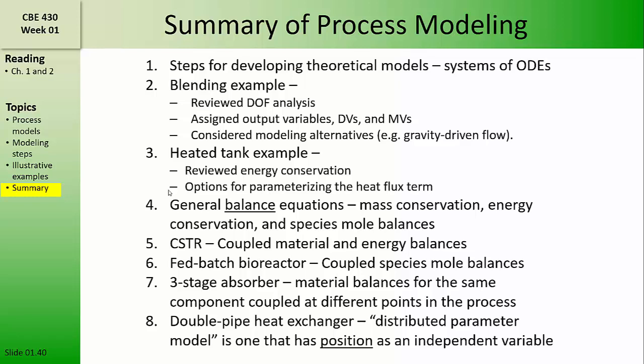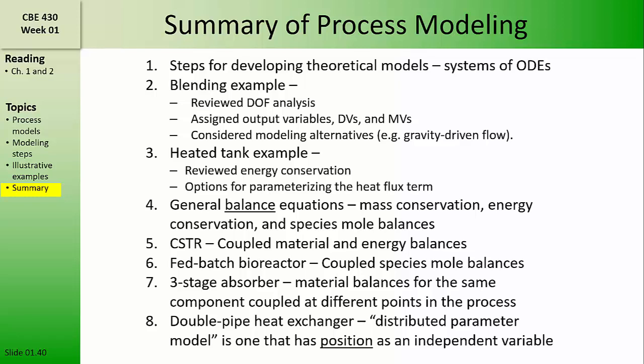All of the basic methods and principles of modeling chemical and biological processes that were reviewed in chapters 1 and 2 are things that you're already familiar with from your previous CBE courses.